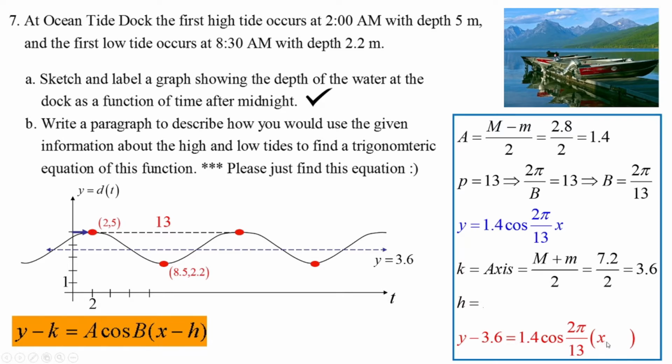So the right would be a minus 2 units, so this x becomes x minus 2. All right, h is 2, x minus 2. So y minus 3.6 equals 1.4 cosine of 2 pi over 13 times the quantity x minus 2 is the perfect equation for this rough sketch right here.